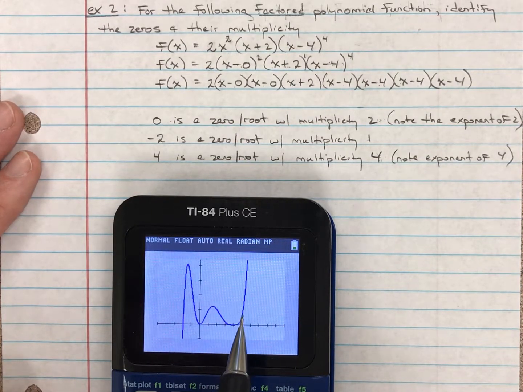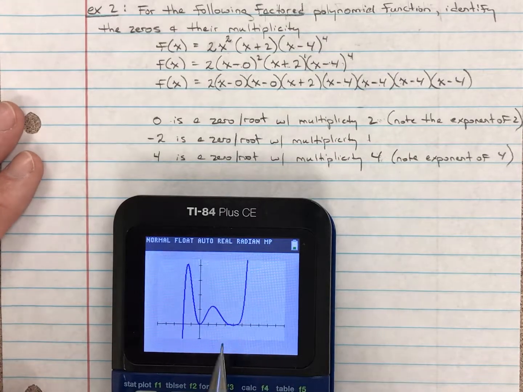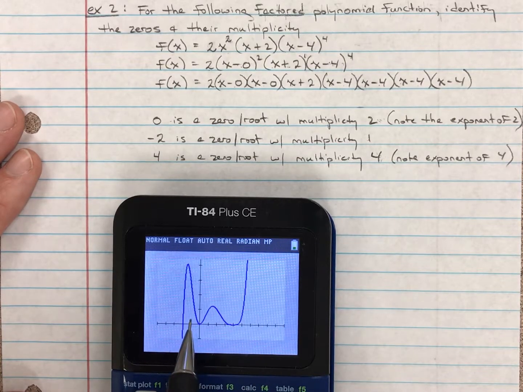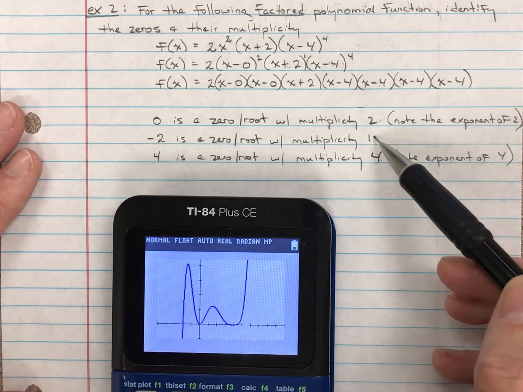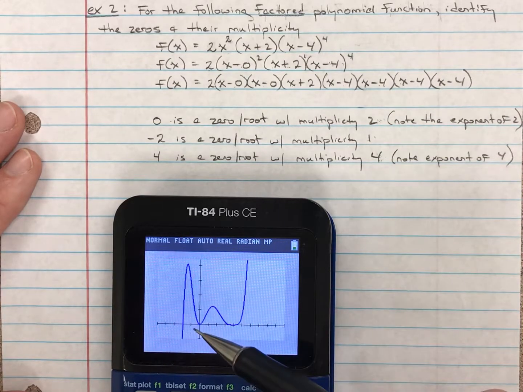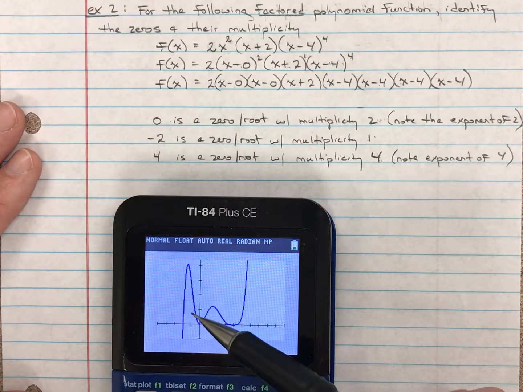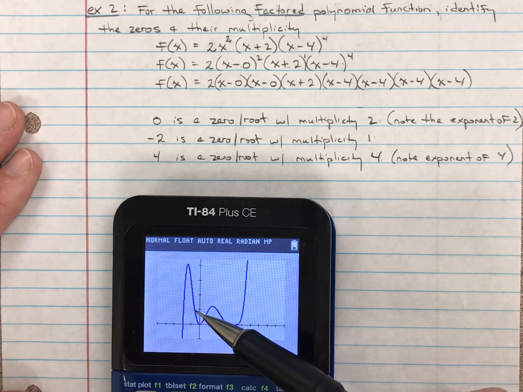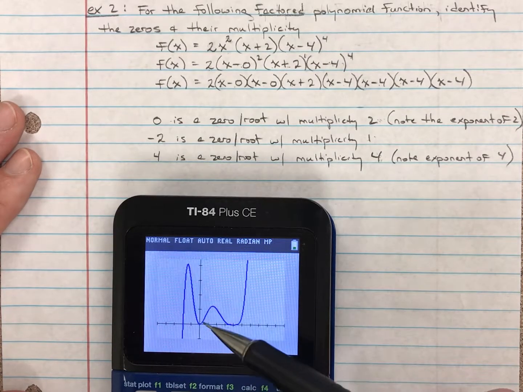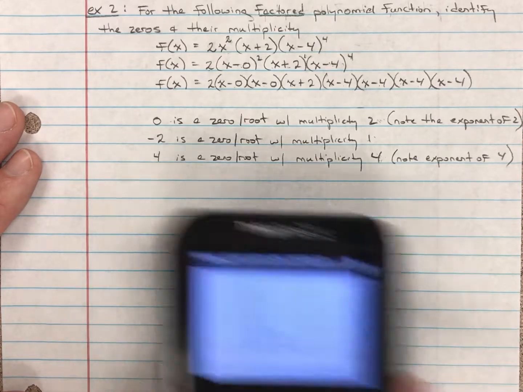I call that a bounce, but it touches. It touches but doesn't cross the x-axis. So we're going to see this in a minute: an odd multiplicity crosses the x-axis, an even multiplicity touches or bounces off the x-axis, and does not cross.